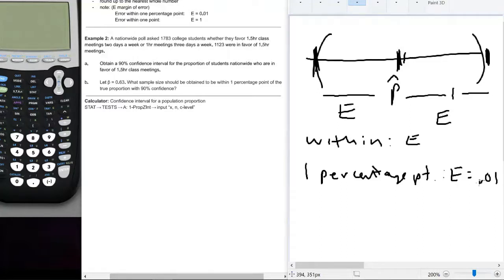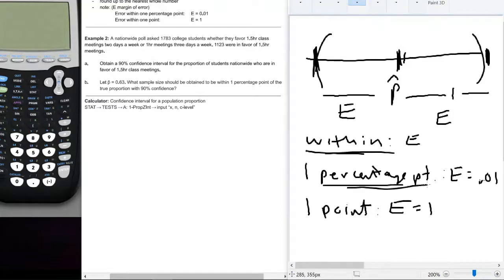What sample size should be obtained to be within 1 point of the true proportion? Notice that we skipped the percentage part. If it's phrased in that way, you take the error as is. E is equal to 1. Within 5 points, E is equal to 5. So if you're looking for the word within, that's what E is equal to. Just be careful. If it says percentage point, convert it. If it doesn't say percentage point, it just says point, take it as is.